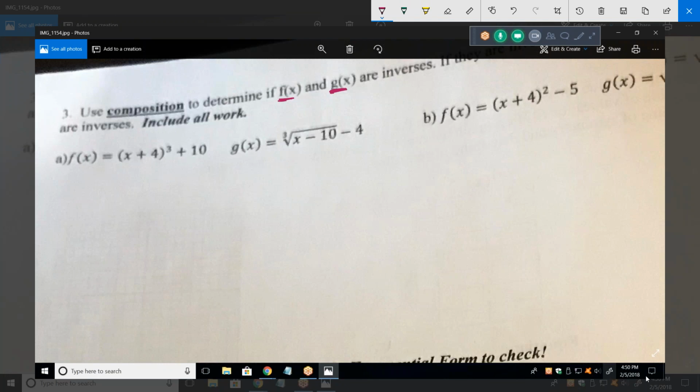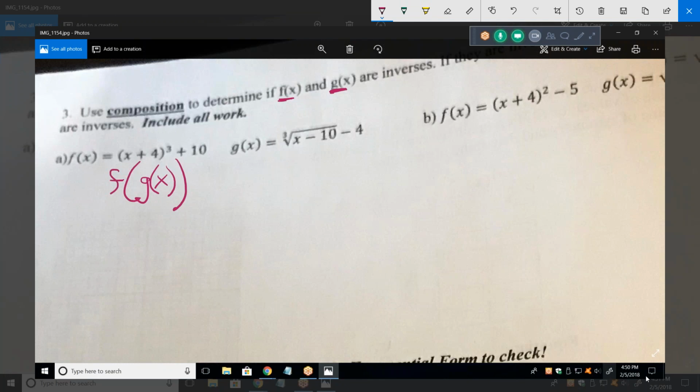In order to explain why g of x is an inverse of f of x, there's something I have to prove to be true. And that's this. This is the composite function. Sometimes this is called f circle g, but mathematically I would say this is called f of g of x. Okay?